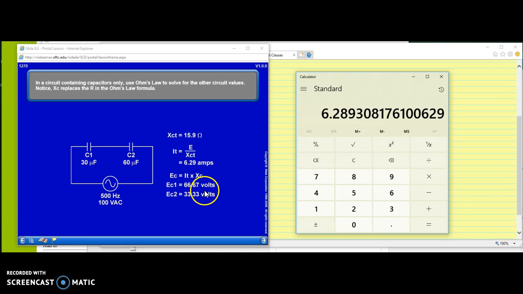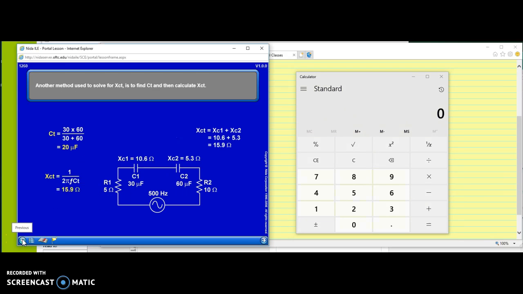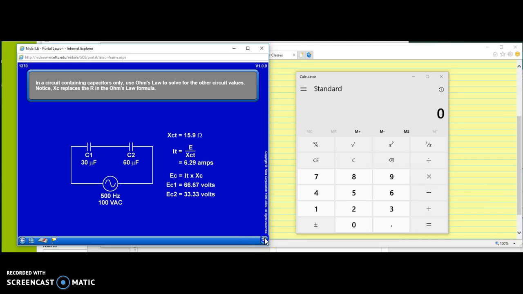And we can calculate the voltage just by multiplying the capacitive reactance of each one of these times the amps. So for instance, this one was, let's see, our 30 microfarad. Let's go back and make sure I say it right. Our 30 microfarad was 10.6 ohms.